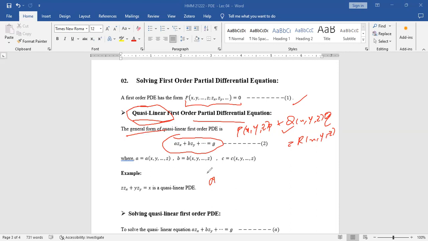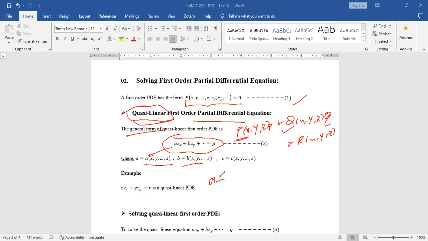A is a coefficient. Here they are taking it as a function of x, y, and all the variables. Similarly, A is a function, like what capital P is, here they are taking A. This variable depends on the things we are doing, so no need to worry. So A is a function of x, y, z, up to however many independent variables you have, that much you can take as A or capital P, anything, okay?